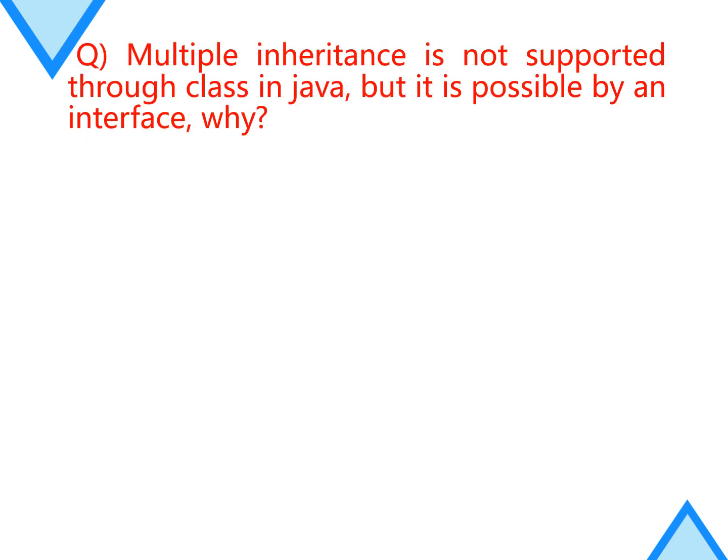Now let's answer a simple question. As we have discussed in the previous inheritance topic, multiple inheritance is not supported through classes in Java, but it is possible through an interface. So why is multiple inheritance in Java not possible through class, and why is it possible through interface?